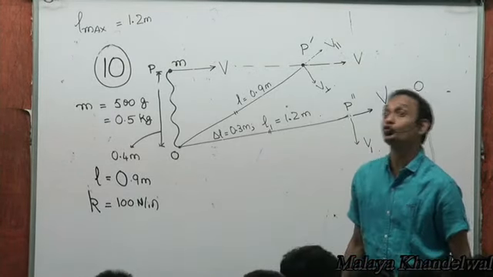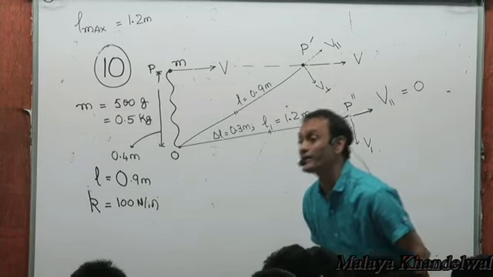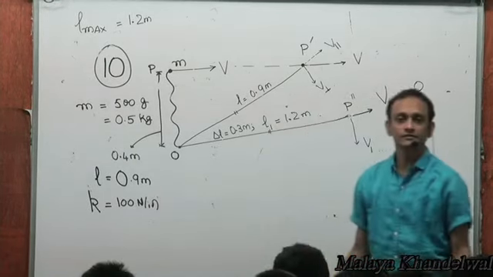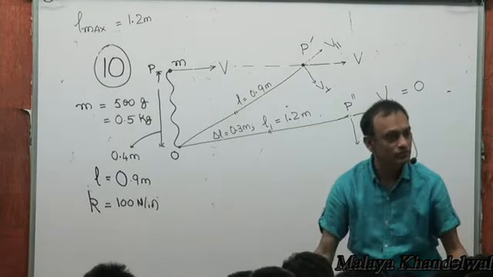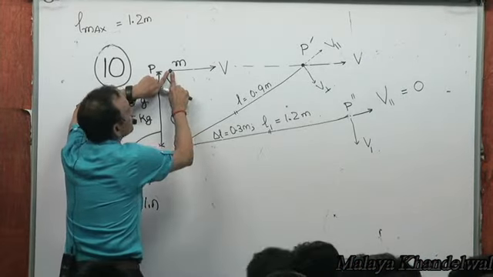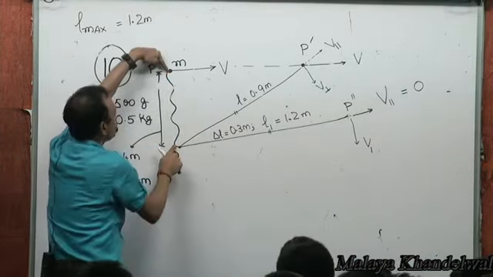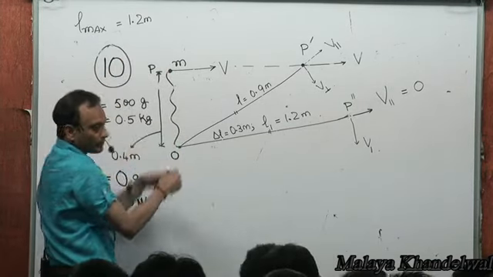If it produces no torque about O, the angular momentum of the particle about O will remain preserved. No? So then, what's the angular momentum of the particle in the initial state about O? mV into 0.4? mV into 0.4, yes or no?